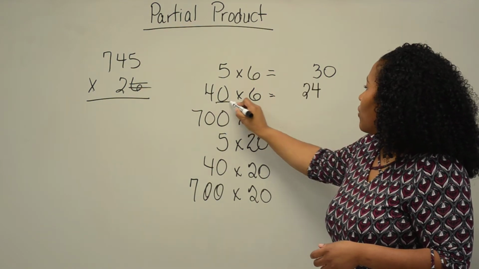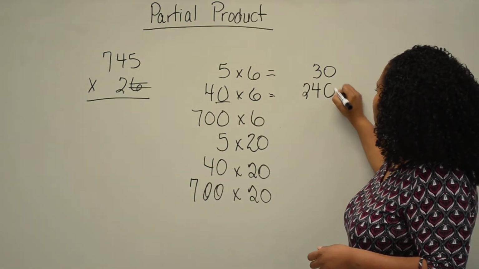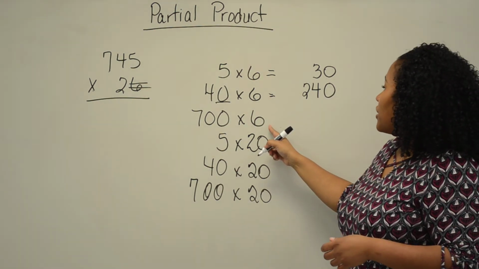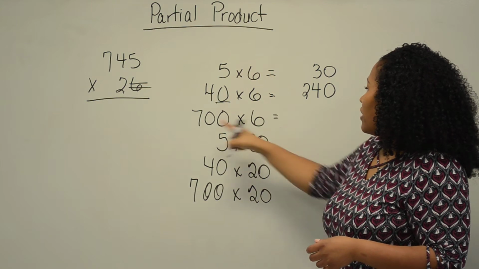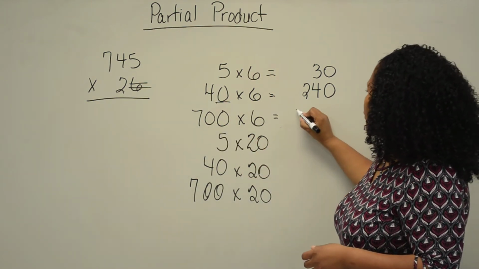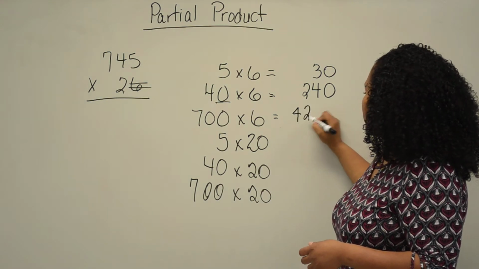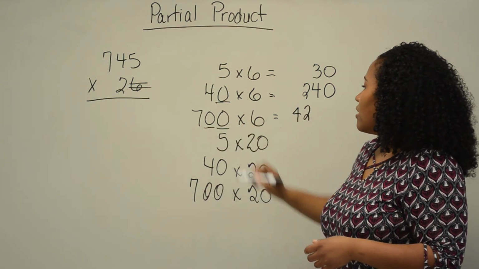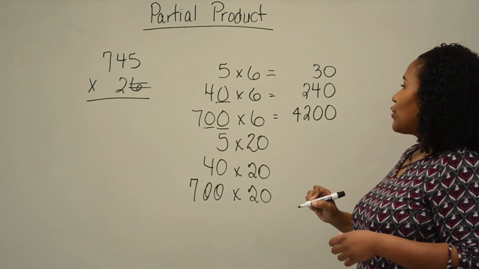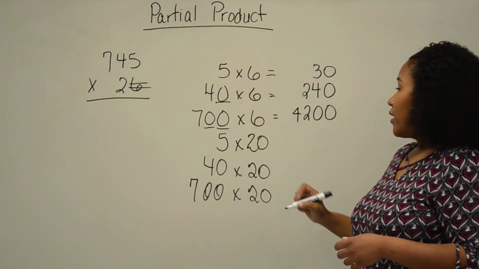We have 1 0 in the problem, so I'm going to add 1 0 in the answer. My answer is 240. I'm going to do the same thing over here with 6 times 700. 6 times 7 equals 42. I have 2 zeros in the problem, so I'm going to add 2 zeros in my answer. So my answer is 4,200.